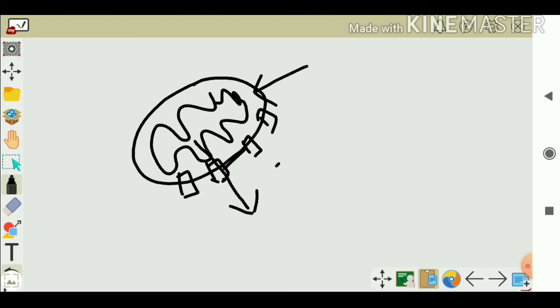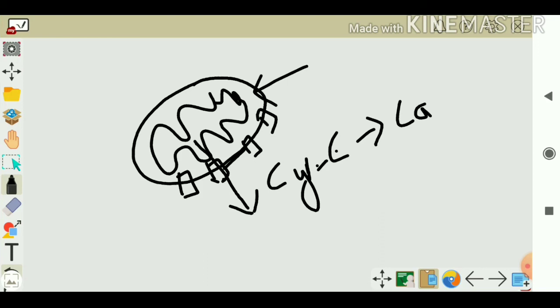Whenever they open, enzymes come out. That is what we call cytochrome C. When this cytochrome C comes into the cytoplasm, it causes activation of a series of caspase enzymes, especially caspase 9 and caspase 8. In this cascade, the procaspase converts into caspase, and the caspase enzymes activate one by one.